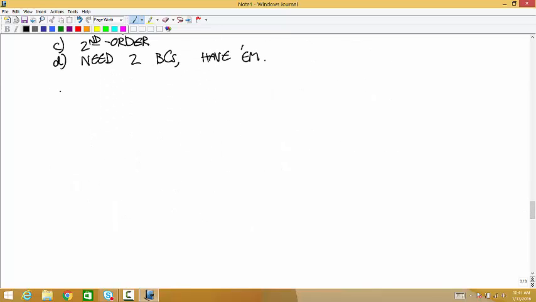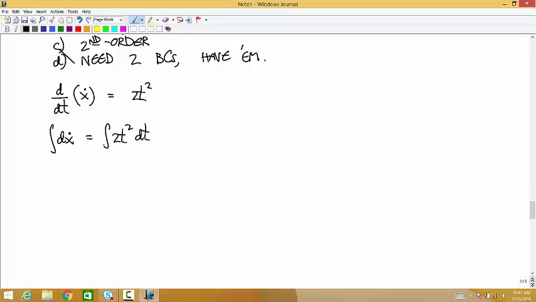All right, so the first step is I'm going to write this as d/dt of x dot, and that's equal to 2t squared. Now I'm going to use separation of variables, and you get dx dot is equal to 2t squared dt.